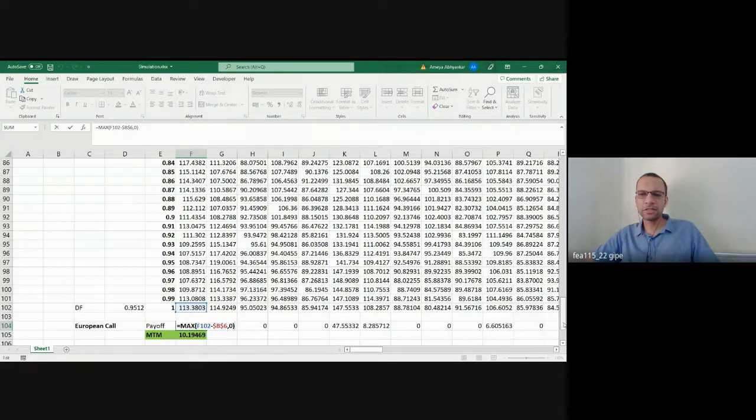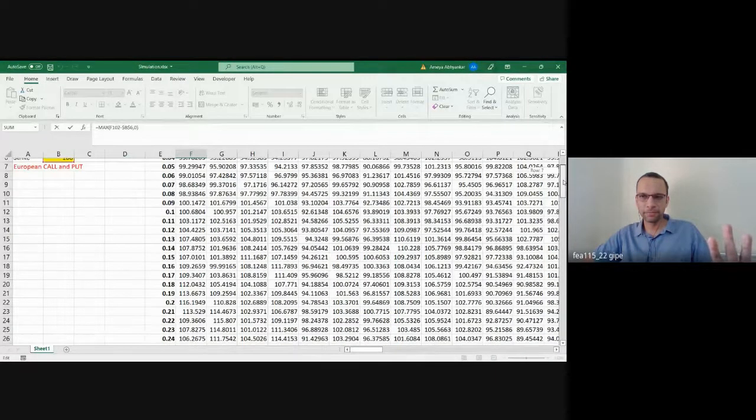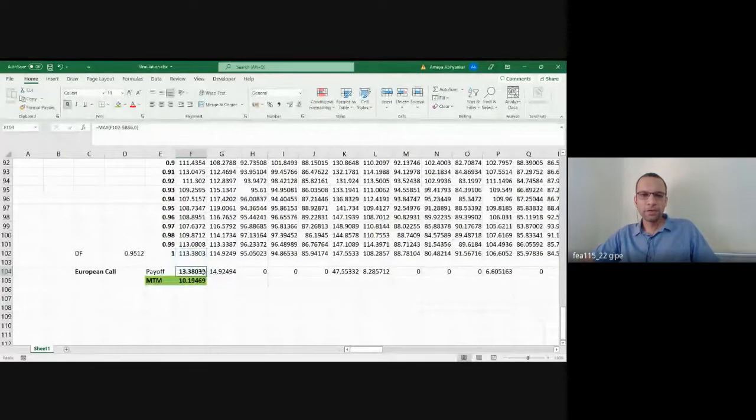This B6 is nothing but my strike price, which is defined in my term sheet. So max of ST minus K or zero, which is the payoff condition for a call option, which is what we are trying to price right now. I use this formula and repeat it for each and every path. I simply write it once and drag it. So this gives me the payoff for each of the paths.